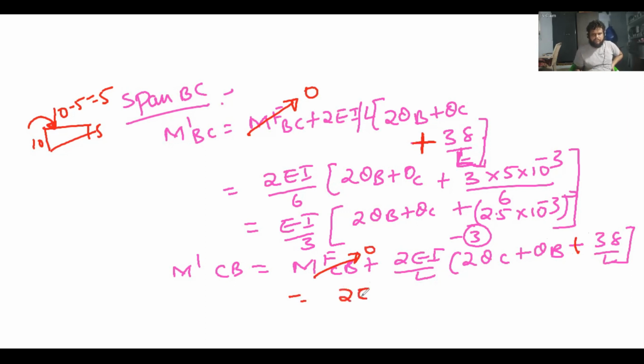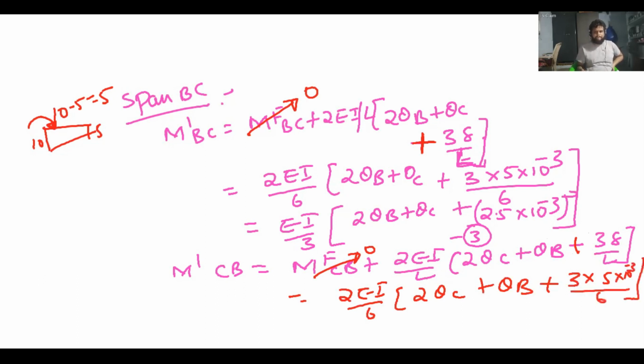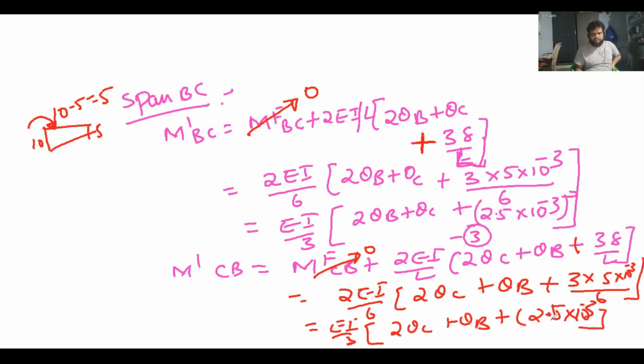Same story, 2EI by 6 into 2 theta C plus theta B plus 3 times 5 into 10 to the power of minus 3 by 6. Now this will become EI by 3 times 2 theta C plus theta B plus 2.5 times 10 to the power of minus 3. So this is equation number 4.